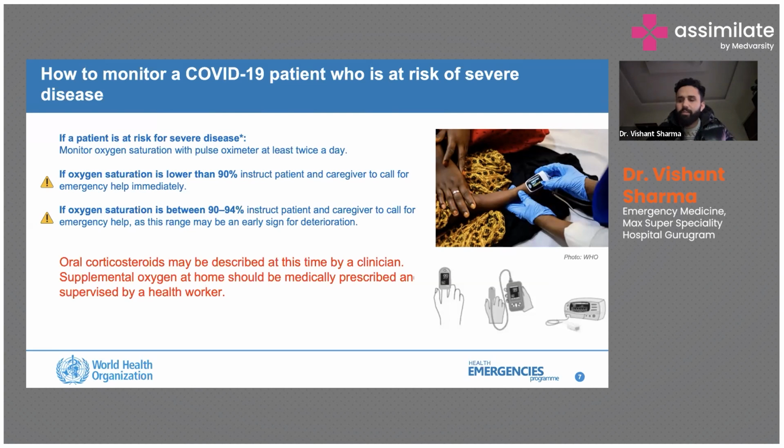You give injection dexamethasone. Okay. And if I say the RBS for the patient is 400, then will you give dexamethasone again? Why?